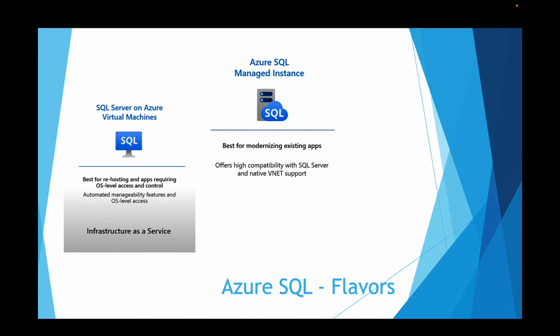Azure SQL Managed Instance, if we really want to differentiate it from the third flavor which we'll discuss, is primarily where you want to have SQL Server agent services running around. You have native VNet support also. So somewhat infrastructure and network is managed by Azure, and for the rest of the server, like SQL Server, you have control. So it's a blend of infrastructure as a service and also platform as a service model.